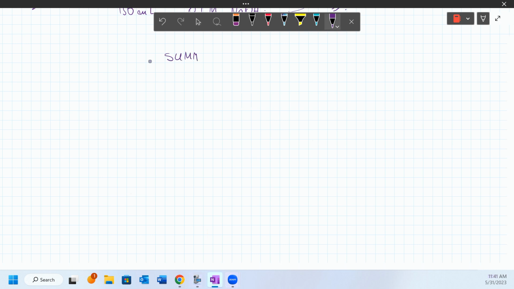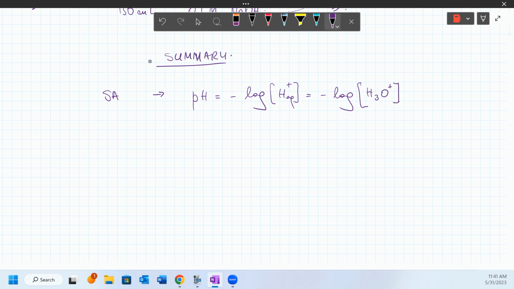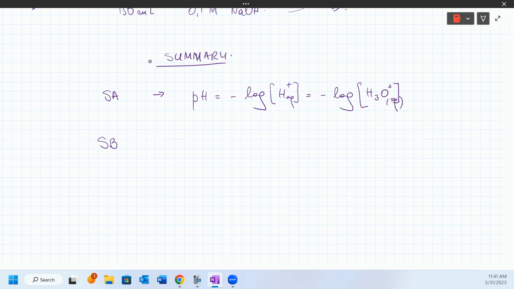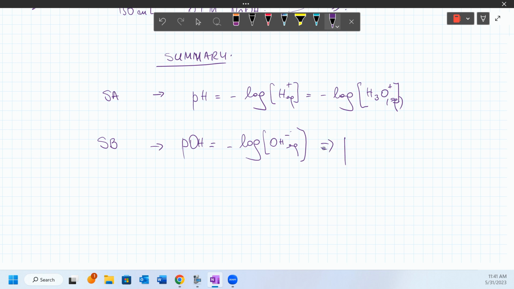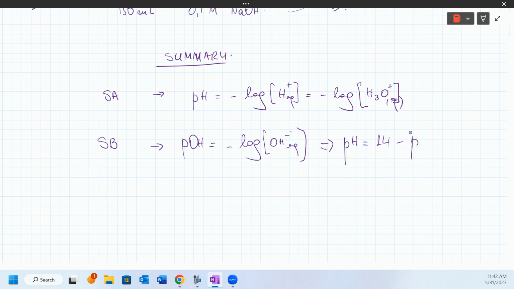So the summary: if you are ending with a strong acid, then you calculate pH as negative log of the concentration of proton, or negative log of the concentration of hydronium. If you are dealing with a strong base, then you calculate pOH as negative log of OH minus, and then from here, using the fact that pH is 14 minus pOH, you can calculate pH.